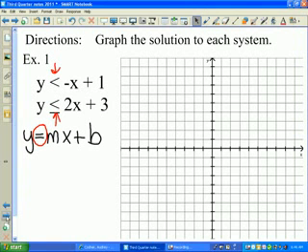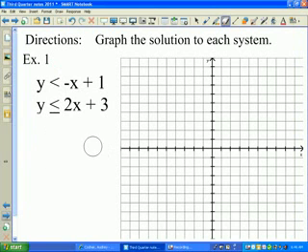So ask yourself, is this in slope-intercept form? In this case, both of our inequalities are in slope-intercept form, so we can go right ahead and graph them.